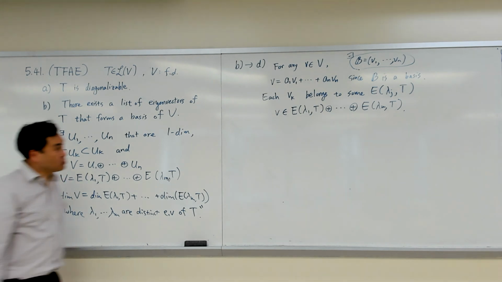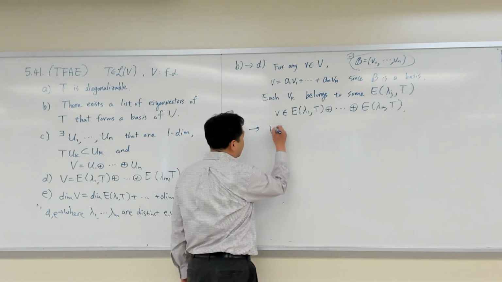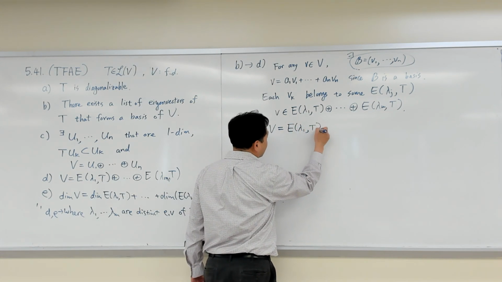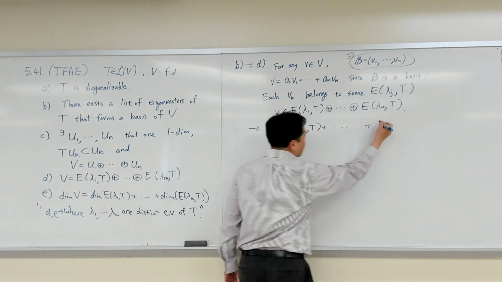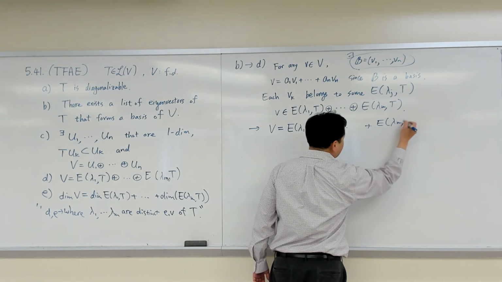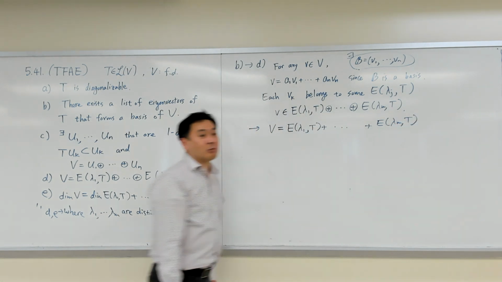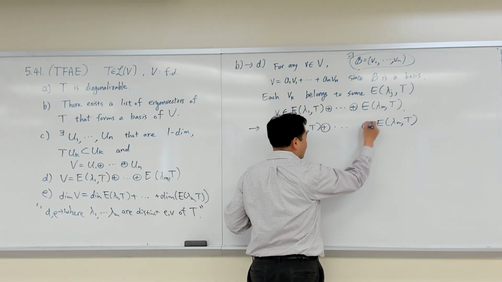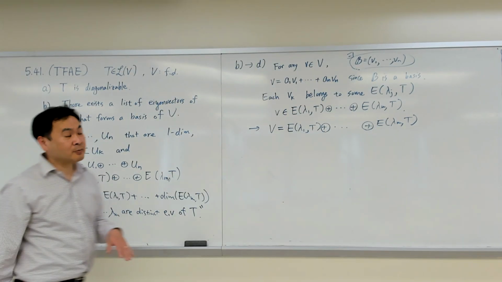So V is equal to E of lambda 1, T, plus ... plus E of lambda m, T. Furthermore, we also know that this right side is a direct sum, so that's it.